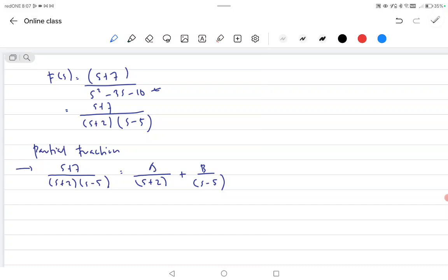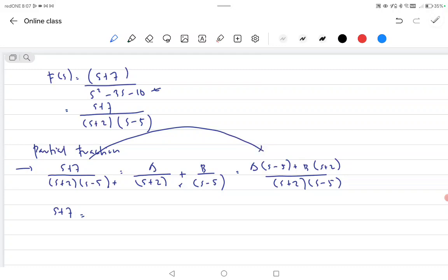Here we got s + 7 is equal to, so basically we multiply at the bottom so that we have the same denominator: A(s − 5) + B(s + 2) over (s + 2)(s − 5).